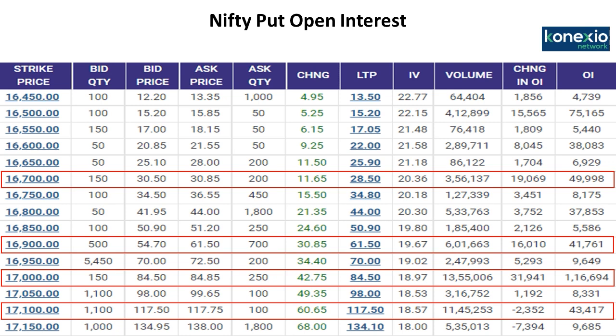Now this is clearly indicating that the most important part I feel is that those people who have done put writing might have started profit booking because markets were falling down.